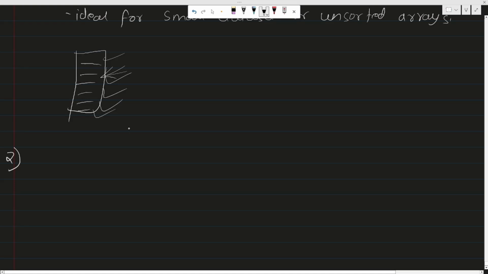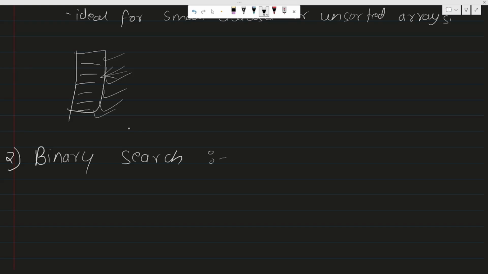The next one is binary search, which is much faster than linear search, but works only on sorted arrays.